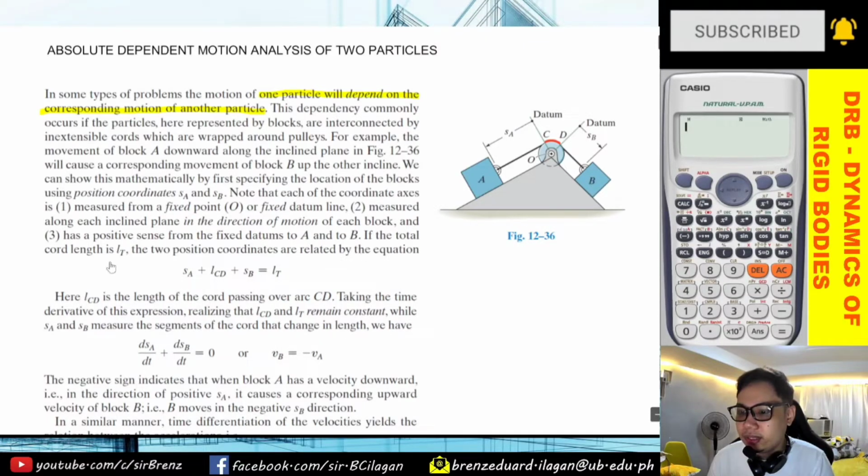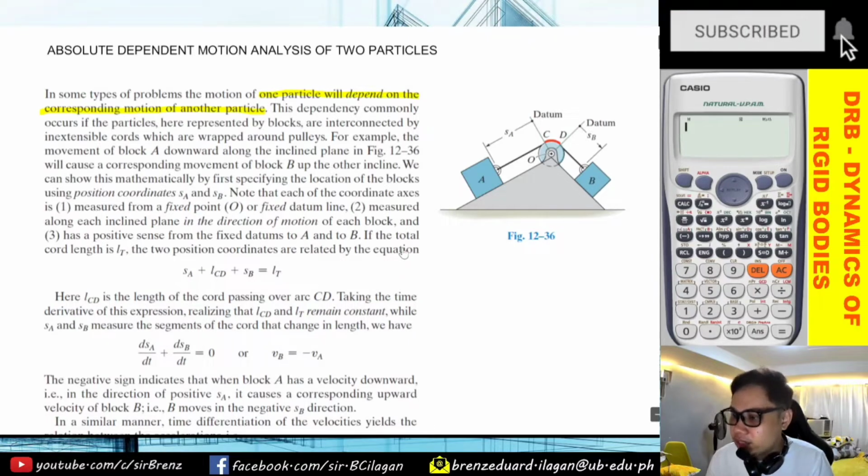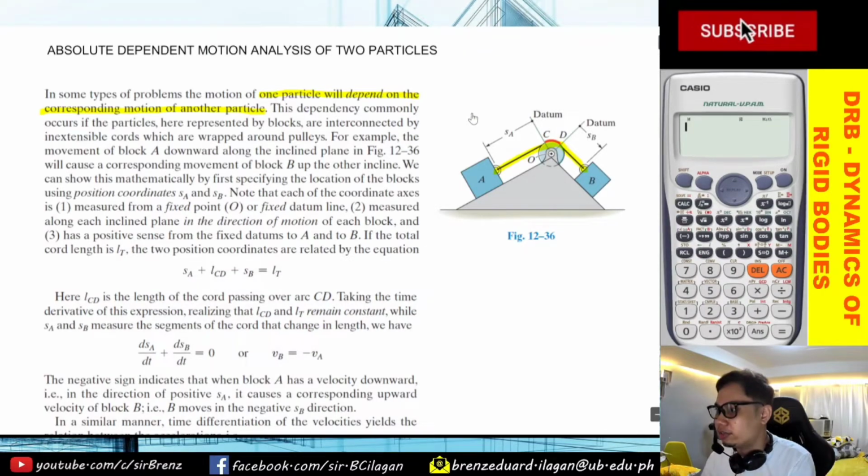And if the total cord length is denoted by L sub T, the two position coordinates are related by the equation. Okay, so guys, ang L sub T na tinutukoy niya dito is yung total length ng cable natin. So, i-highlight ko lang. Ito yung sinasabi niyang L sub T. Okay, so lalagyan natin ng annotation.